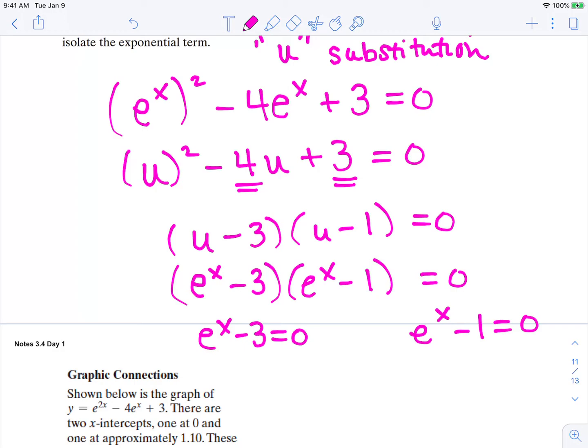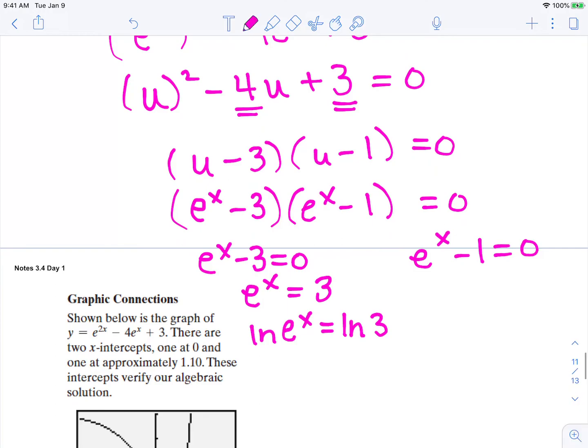Now we solve them separately for x. I'm going to isolate that first e to the x by adding 3 to both sides. And then I'm going to take the natural log of both sides. The natural log and the base e exponential cancel out. So our answer so far exactly is the natural log of 3.